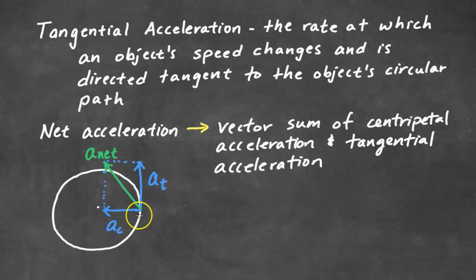So not only does it have a centripetal acceleration towards the center of the circle, it also has a tangential acceleration, which is tangent to the circle. And the net acceleration is the vector sum of the centripetal acceleration and the tangential acceleration. So you add the vector sums of AT and AC, that gives you the net acceleration of the object.